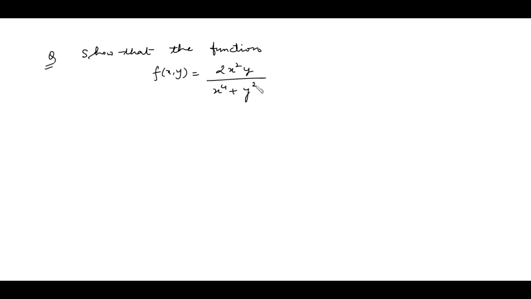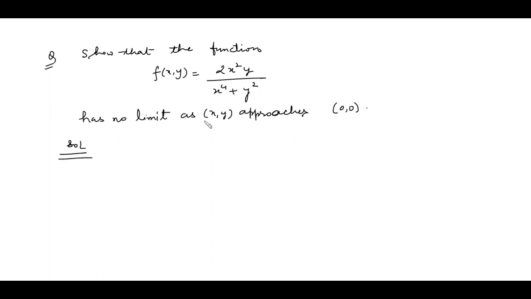For example, let's suppose we have to show that the function f of xy is equal to 2x square y upon x to the power 4 plus y square has no limit as x comma y approaches 0, 0.